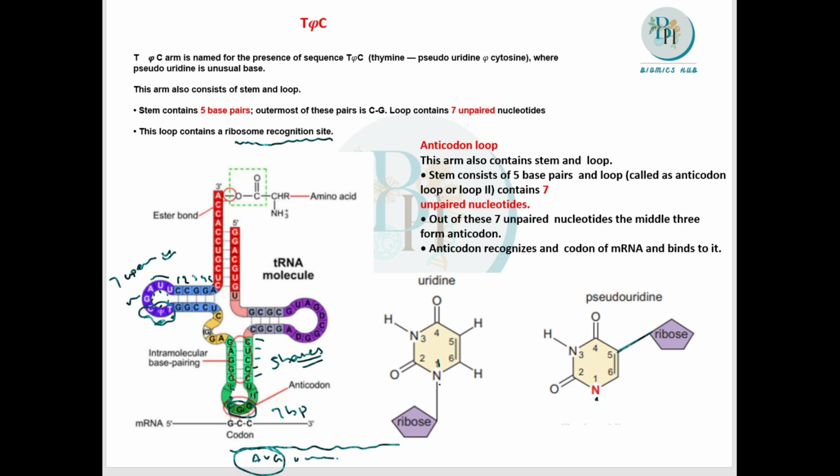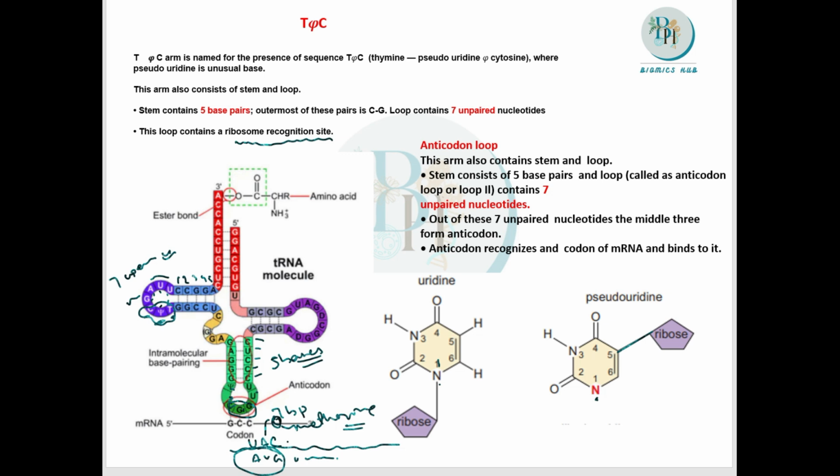There will be a specific tRNA which has a complementary sequence to AUG in its anticodon region, that is UAC, and this tRNA brings the amino acid methionine. So already we have discussed the three parts of this tRNA: the anticodon loop, the T psi C loop, and the D loop.